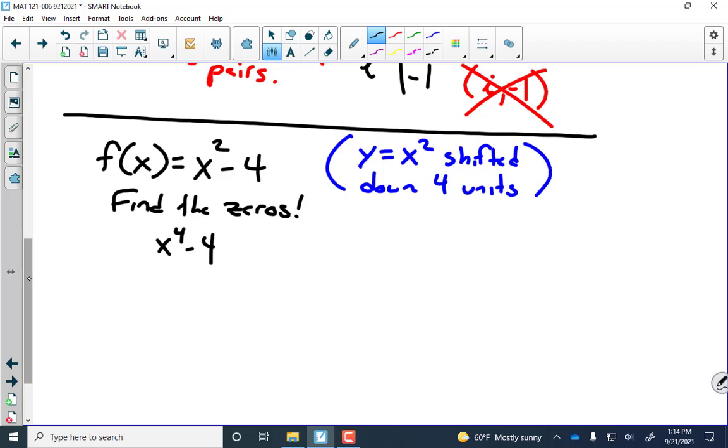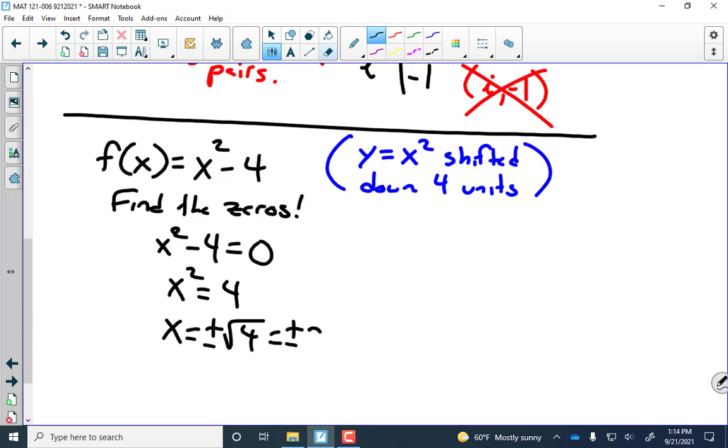I just take the equation, set it equal to 0, move the 4 over, apply the square root property, and I get plus or minus 2. Those are the zeros. The zeros are 2 and negative 2.